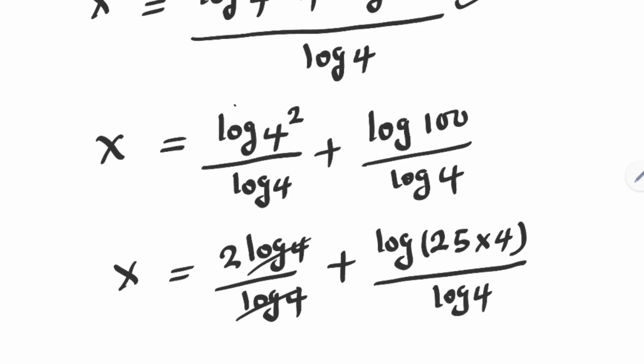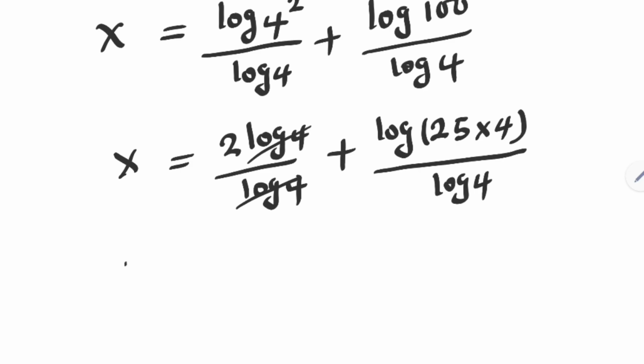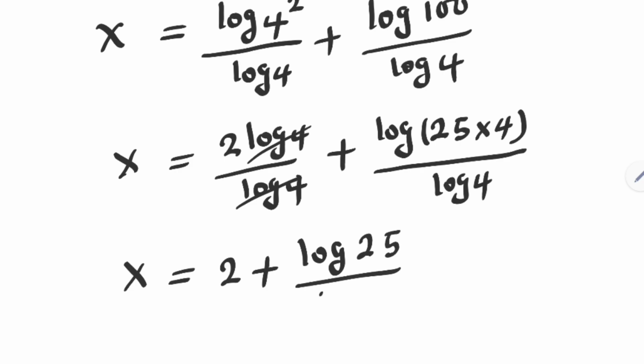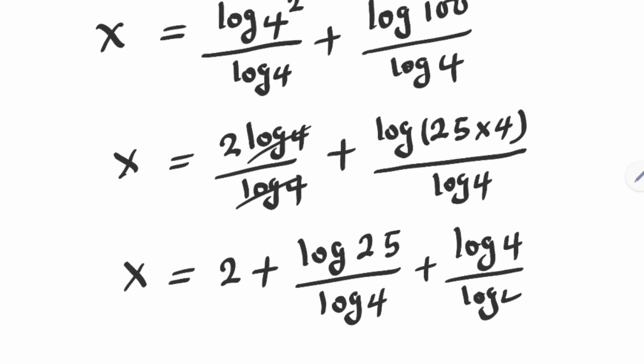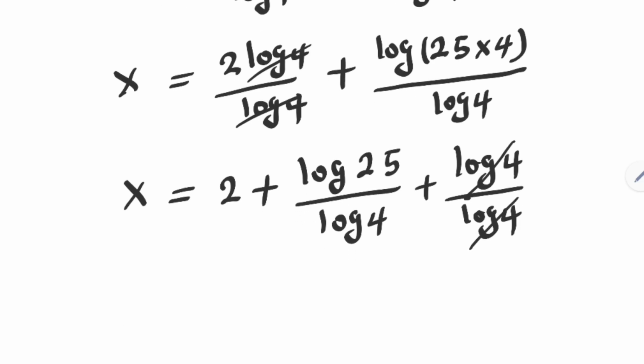This log 4 cancels log 4 here. s is equal to 2 plus, the whole of this can be written as log 25 divided by log 4 plus log 4 divided by log 4. This log 4 cancels this log 4.